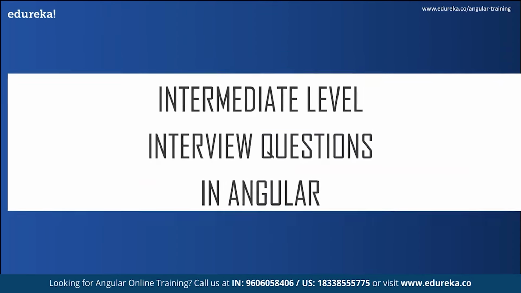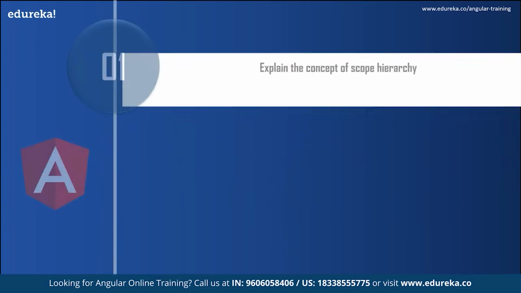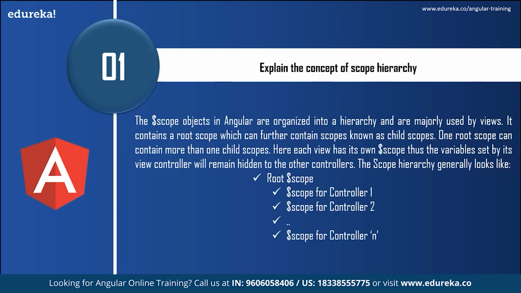With that, we'll step into intermediate level interview questions. Firstly, we have explain the concept of scope hierarchy. So the scope objects in Angular are organized into a hierarchy and are majorly used by views. It contains a root scope which can further contain scopes known as child scopes.